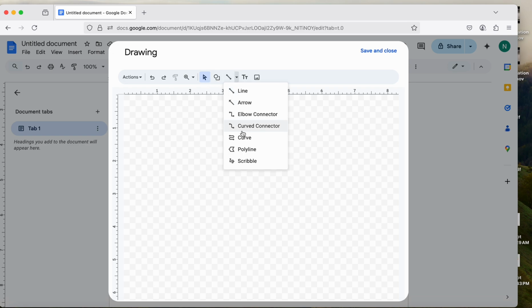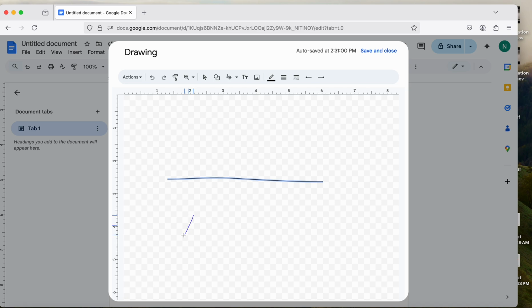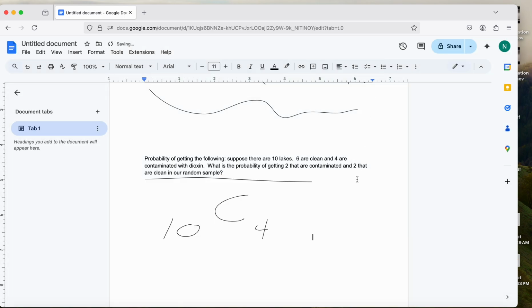And so the first thing we need is how many total groups exist. Well, the different groupings of size 4. We have 10 total lakes, and we're trying to pull out 4 of them. And so it's 10 choose 4 in the denominator. Now in the numerator, we have two things going on: contaminated and clean. 6 of the lakes are clean, and 4 of them are contaminated.